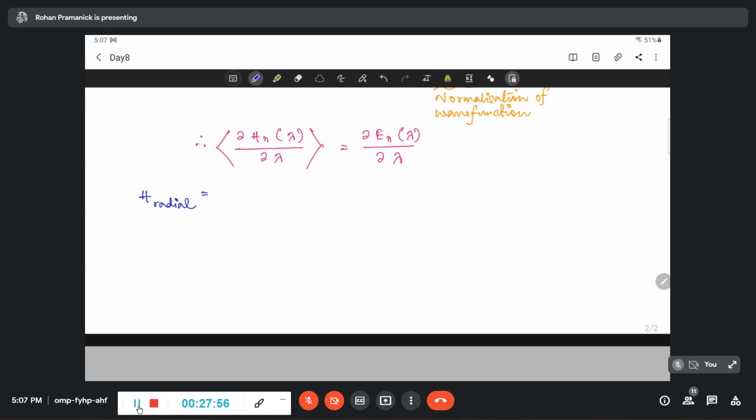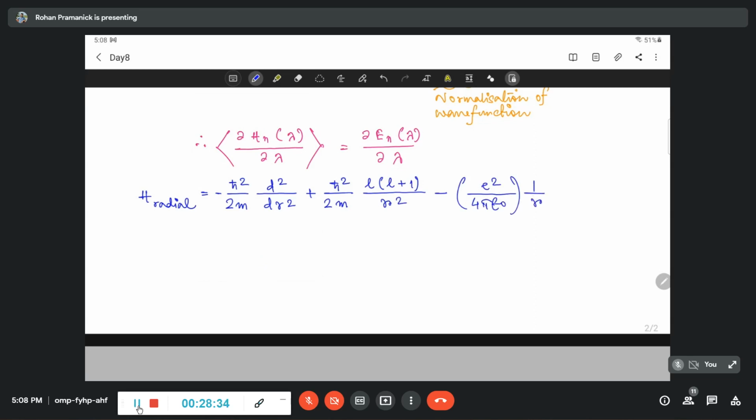If you follow the notes, you will find that the radial part, the u equation, is minus h cut square by 2m d2 dr2, plus h cut square by 2m l into l plus 1 by r squared, minus the potential, e square by 4 pi epsilon 0, 1 by r.